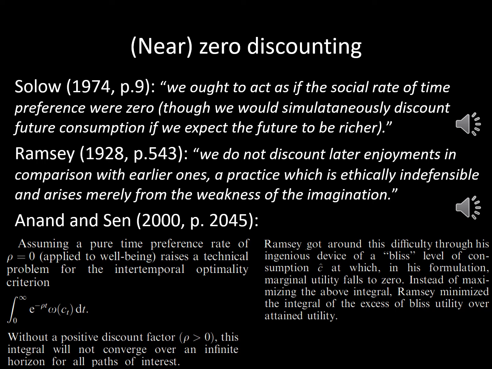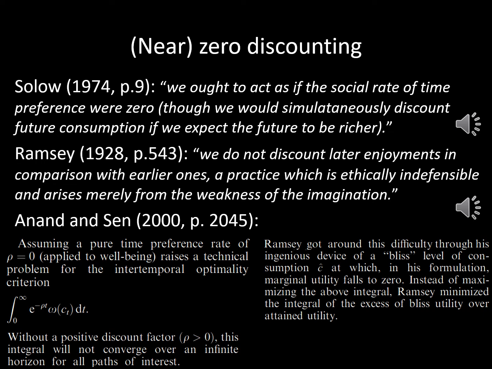And Ramsey, whose rule introduced this consumption-based reason for discounting, argued, "We do not discount later enjoyments in comparison with earlier ones, a practice which is ethically indefensible and arises merely from the weakness of the imagination."